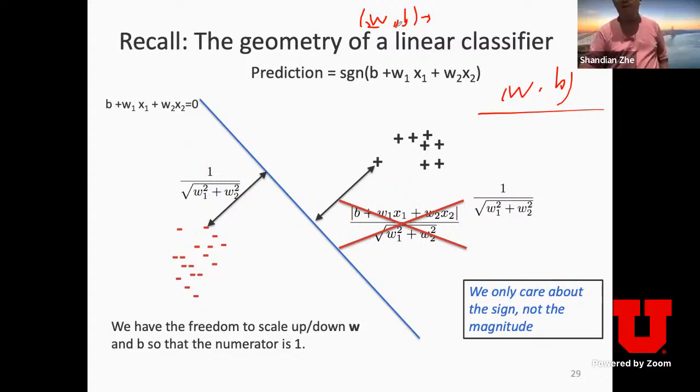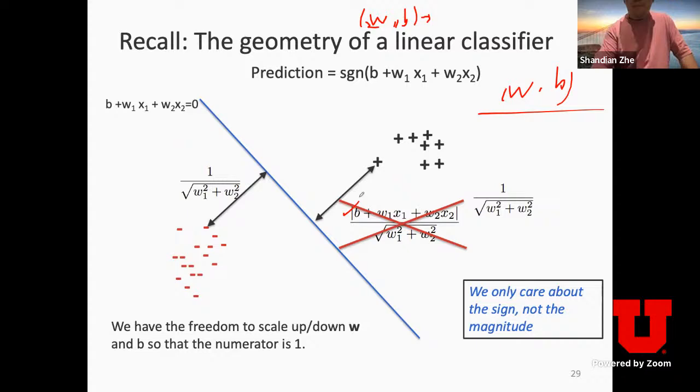So the inventors of SVM, they are really smart. They scale up or scale down W and B such that the numerator of the distance is always 1.